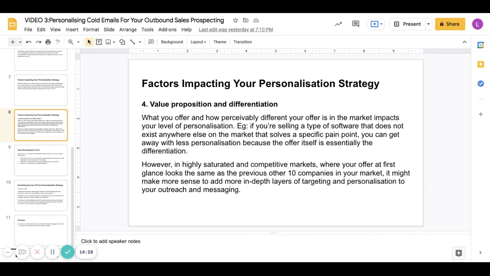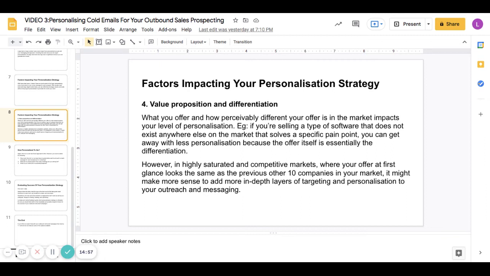If you're reaching out to all these companies and prospects, at first glance, if that looks like the same kind of offer to them as the other 10 SEO companies that reached out to them, it's probably just not going to stand out and get much attention or interest, okay? Because it's just not perceivably different enough. The value prop is nothing that they haven't heard before, okay?